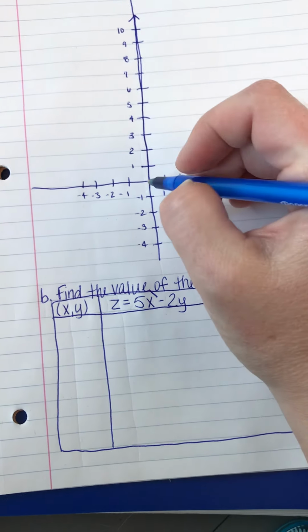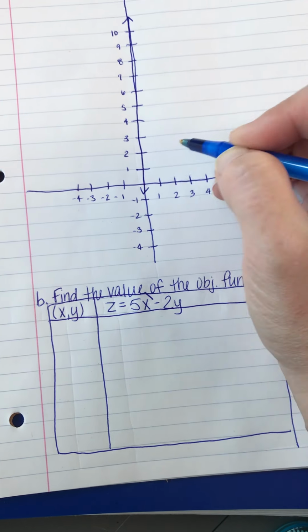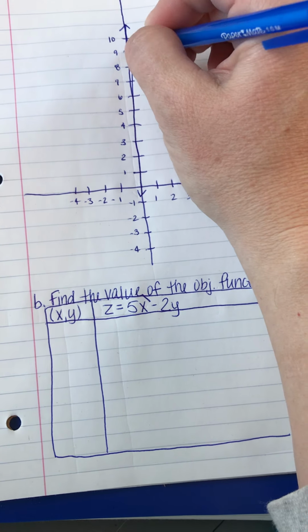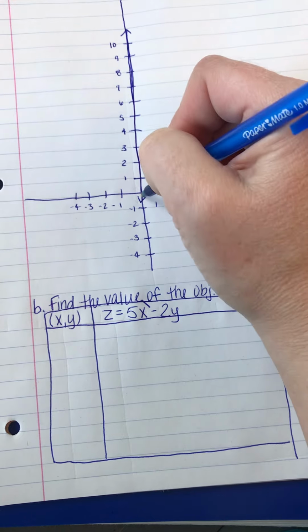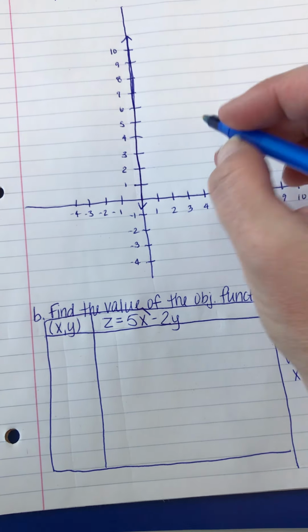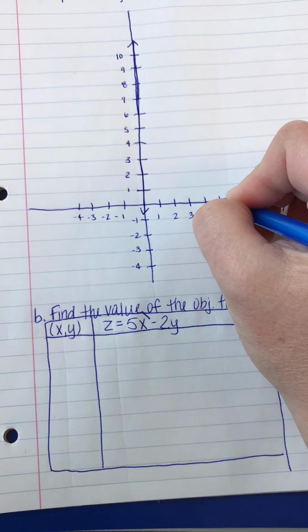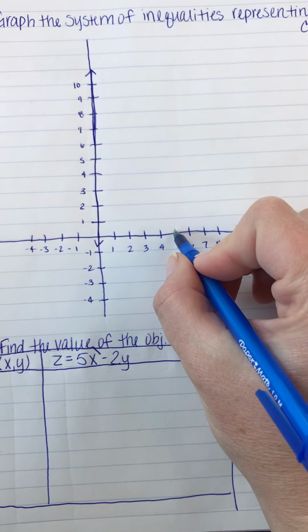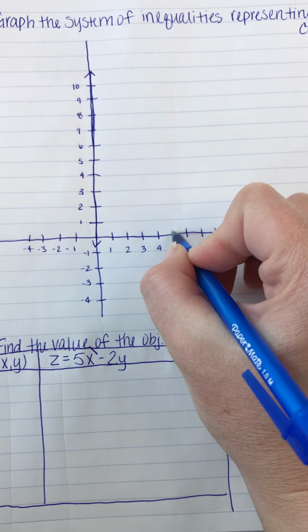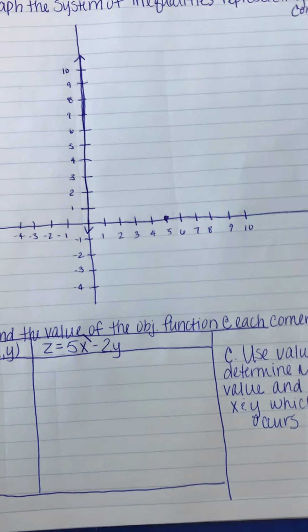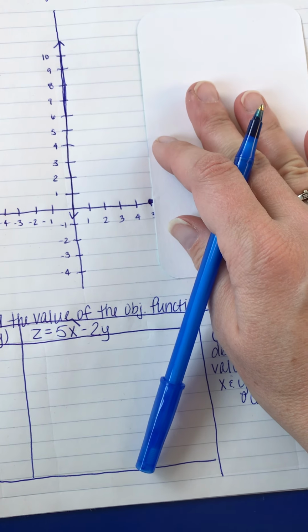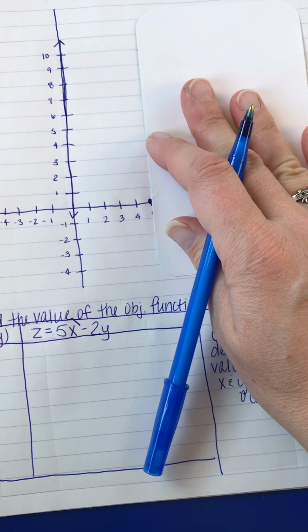And we're going to draw a solid line to indicate that x equals 0. Our next point is x equals 5. 5 is right here, so we will draw a line at x equals 5.